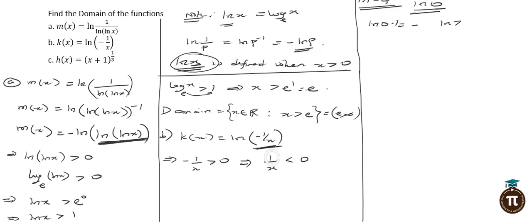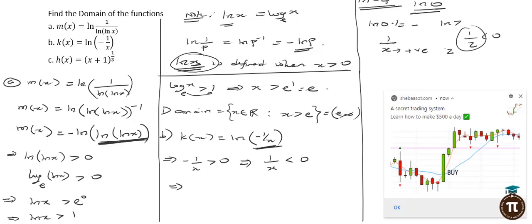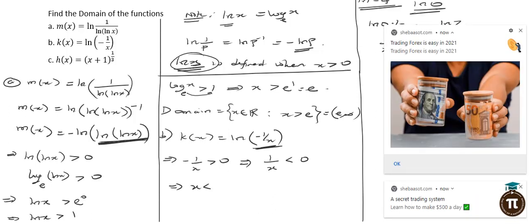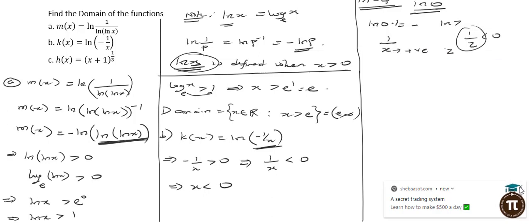So 1 divided by a number, if x is positive, let's say maybe 2, 1 divided by 2 can never be less than 0 because it is positive. So my point is that 1 over x is less than 0. It also means that x is less than 0. Do you understand my point? Because x has to be a negative number for the inverse to also be negative. Do you understand?